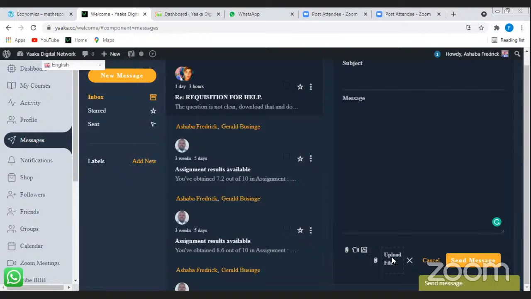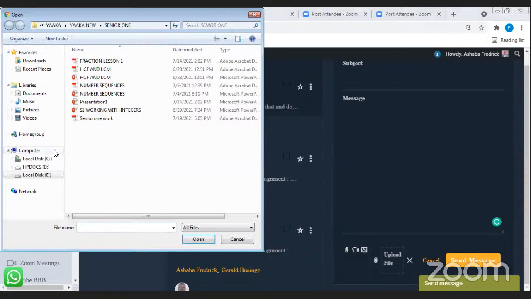You click on upload file, and it will take you to your computer where that work is. You click on the work, then the work comes here. After that, you send the message, so I will be able to receive it, mark your work and also respond to it.